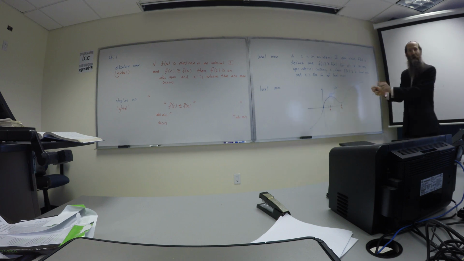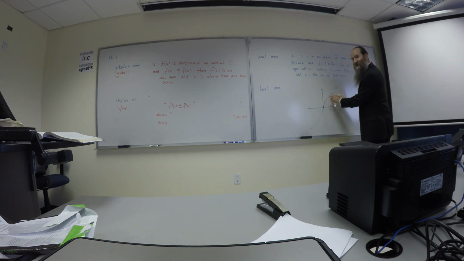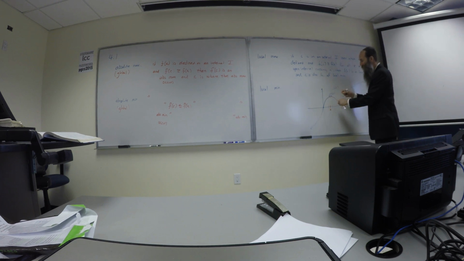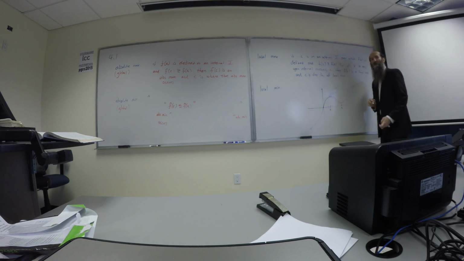Every little f of x crowding around f of a is just slightly below it in height. So f of a ends up being the peak of this little mound in a sense. That's what it's trying to say.